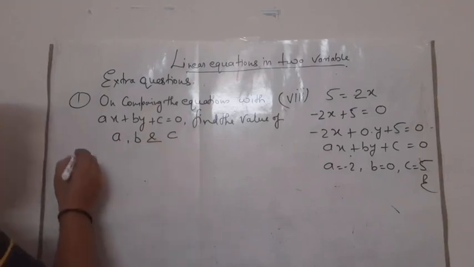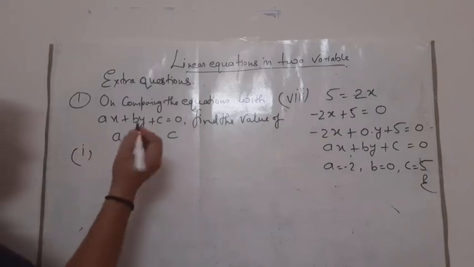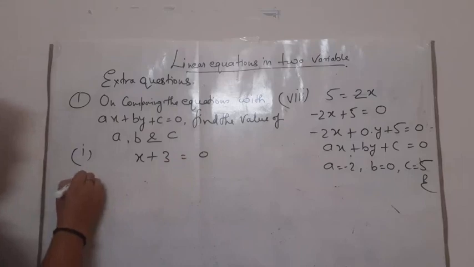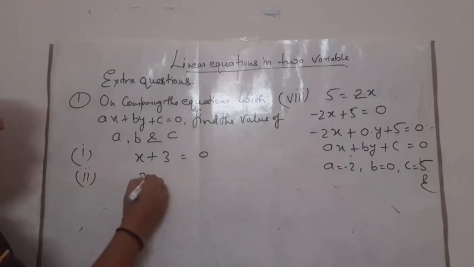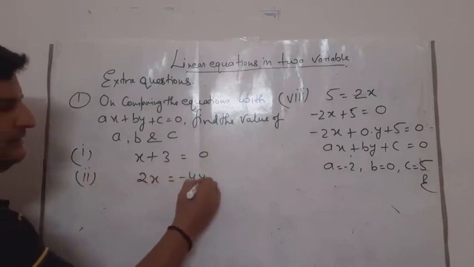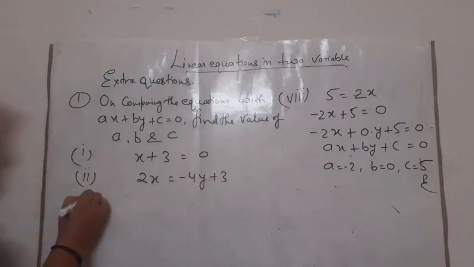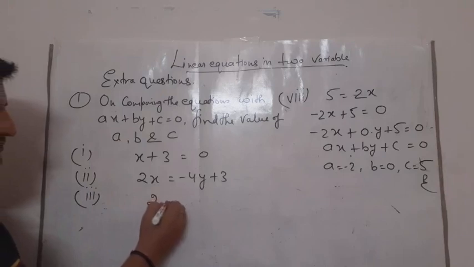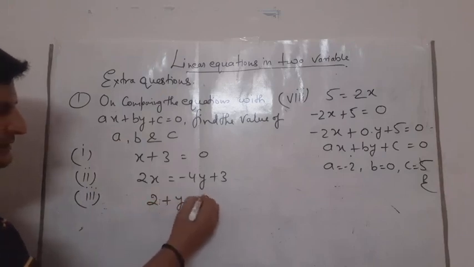Now the questions are: first one, suppose I am writing x plus 3 is equal to 0. Second is 2x is equal to minus 4y plus 3. Third is 2 plus y is equal to 0.